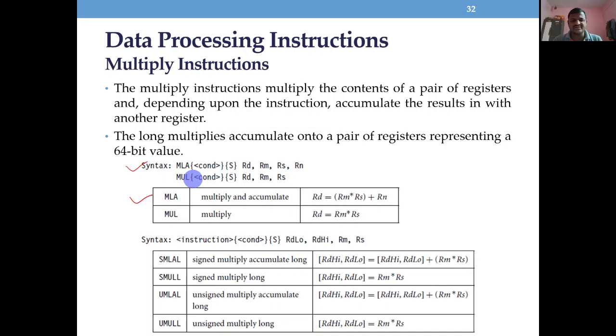Copy it fast. You only have to write 4 lines.